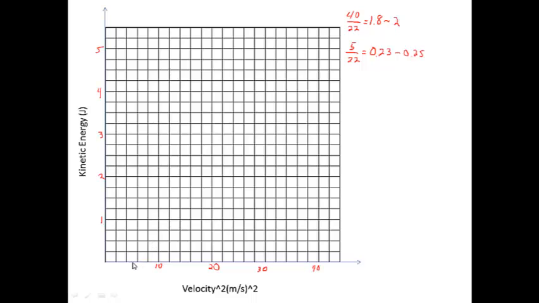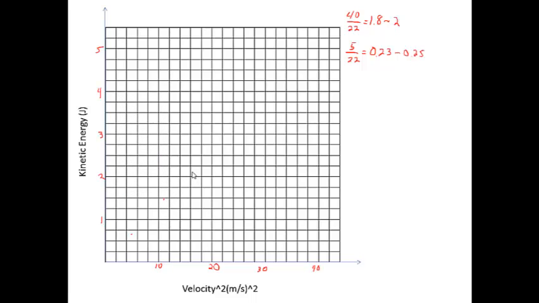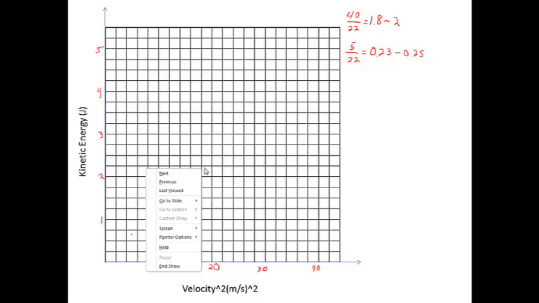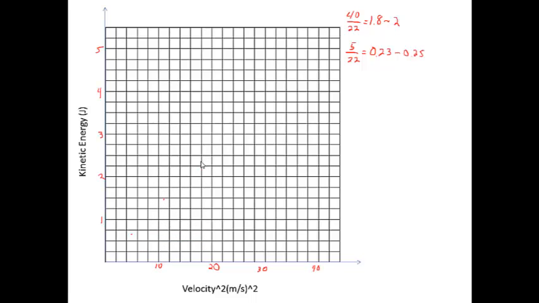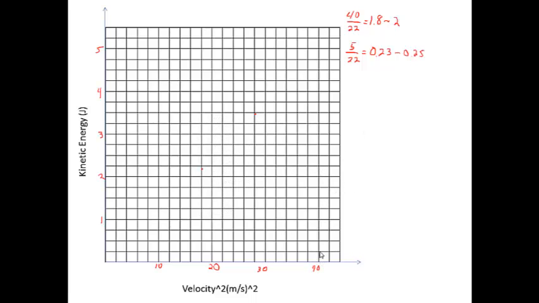So 5.3 is my velocity squared, 0.7, so somewhere right about there. 11, 1.5. 18, 2.2. 28, 3.5. And 40 is 5.